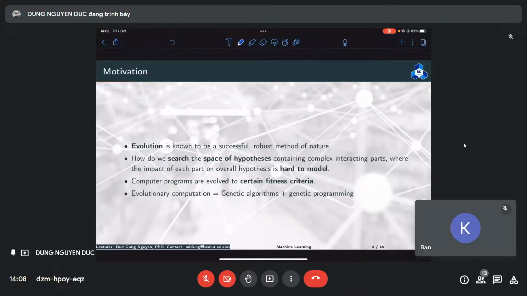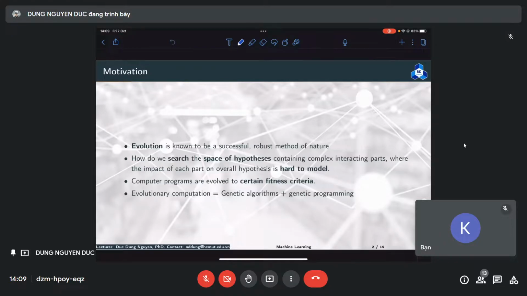We code that criteria implicitly or explicitly, I don't know. But you have to define some sort of function to describe that criteria, and that function is called the fitness function.